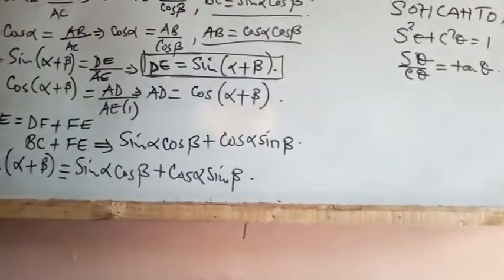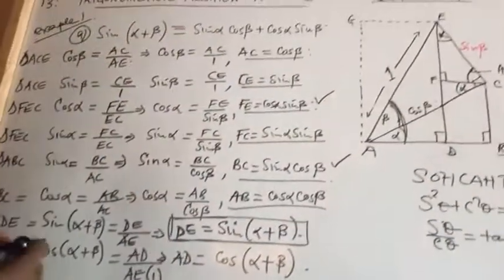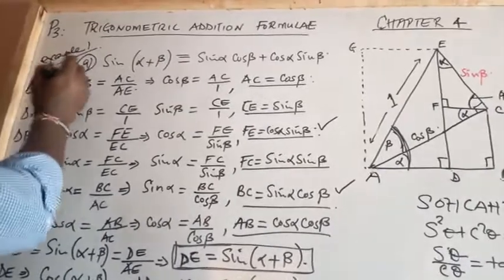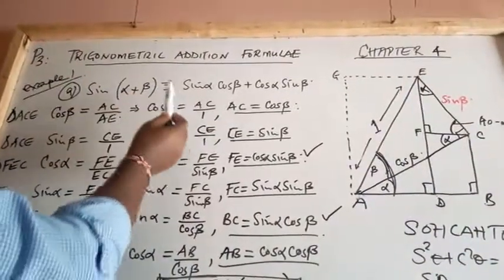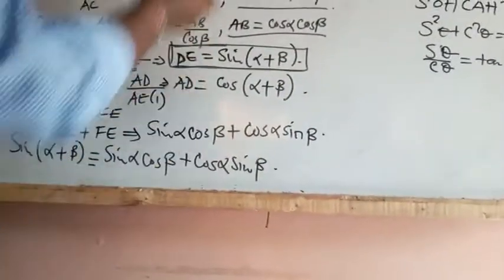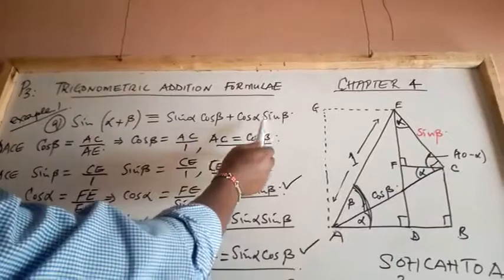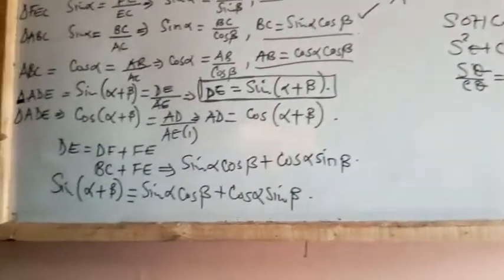And that is exactly what we are supposed to prove as per example 1, part A: to show that sine alpha plus beta is equal to sine alpha cos beta plus cos alpha sine beta.